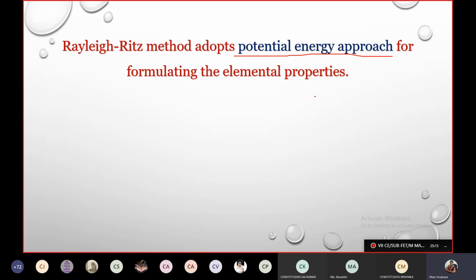Elemental properties means for the nodes or for the element, whatever equation we formulate, the Rayleigh-Ritz method adopts the concept of potential energy. Potential energy is not new for us. We have seen it from our second year: how it is taken into consideration, what happens when the load is applied against the gravity or towards the gravity, how we formulate potential energy.